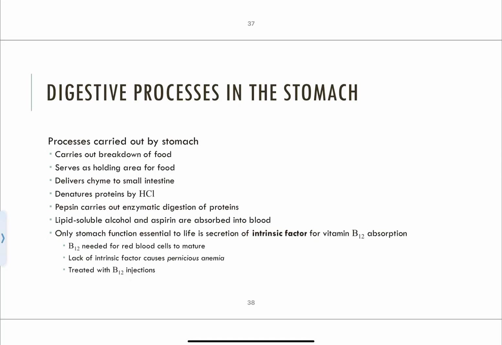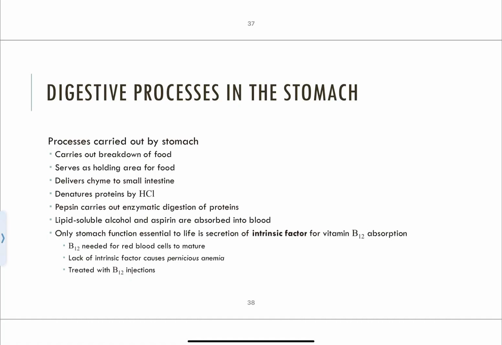We do begin breaking down one of our macromolecules, specifically proteins. Hydrochloric acid helps denature them and activates the enzyme we need for protein digestion, which is pepsin. Some lipids can also be broken down here by the lipases that are secreted by the stomach.